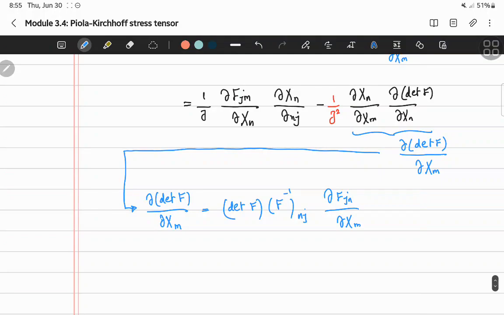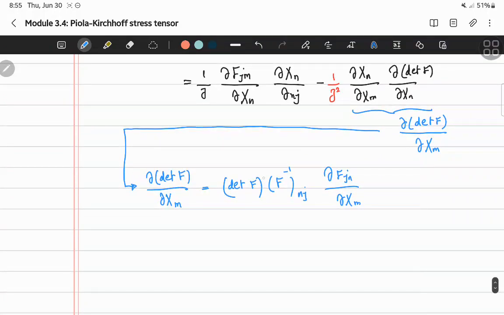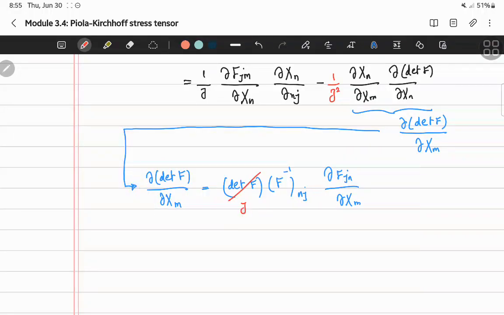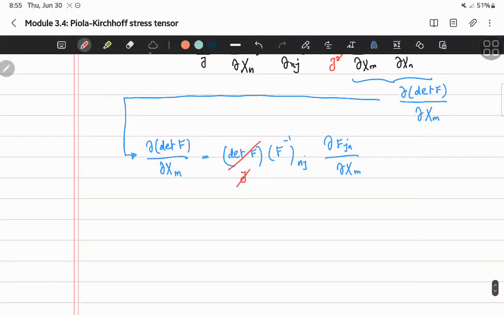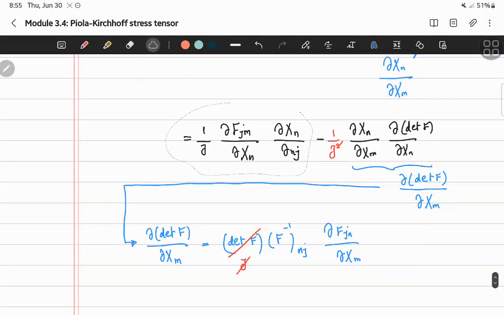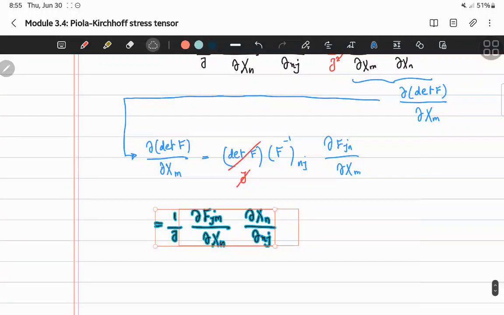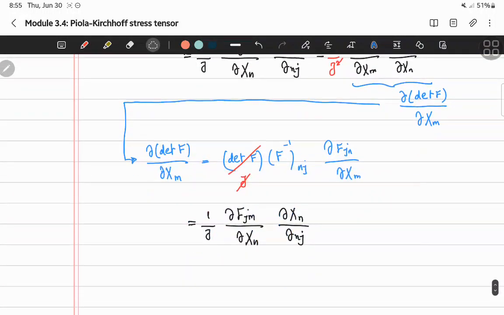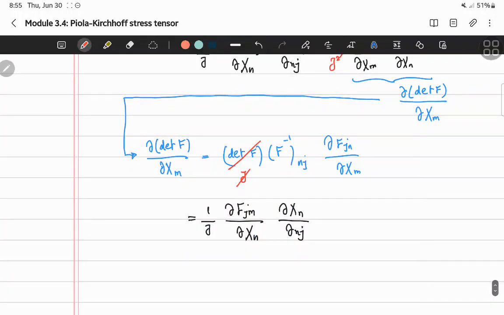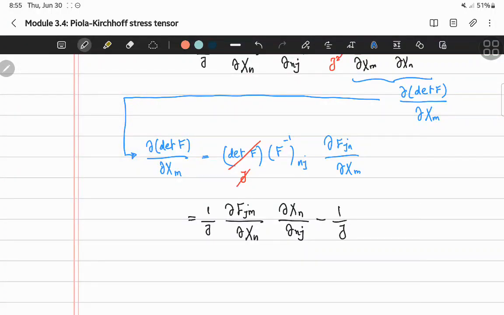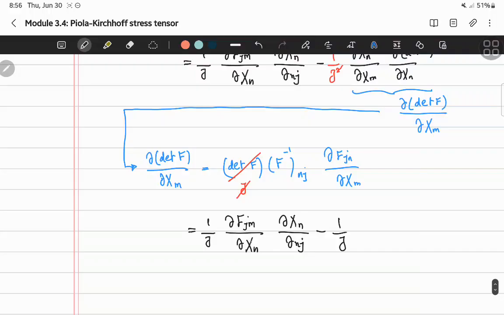All right. So this determinant is nothing but j, and if I can cancel out this j with this in here, so if I just copy this in here, then I have minus 1 divided by j, then I have the partial derivative of jn.